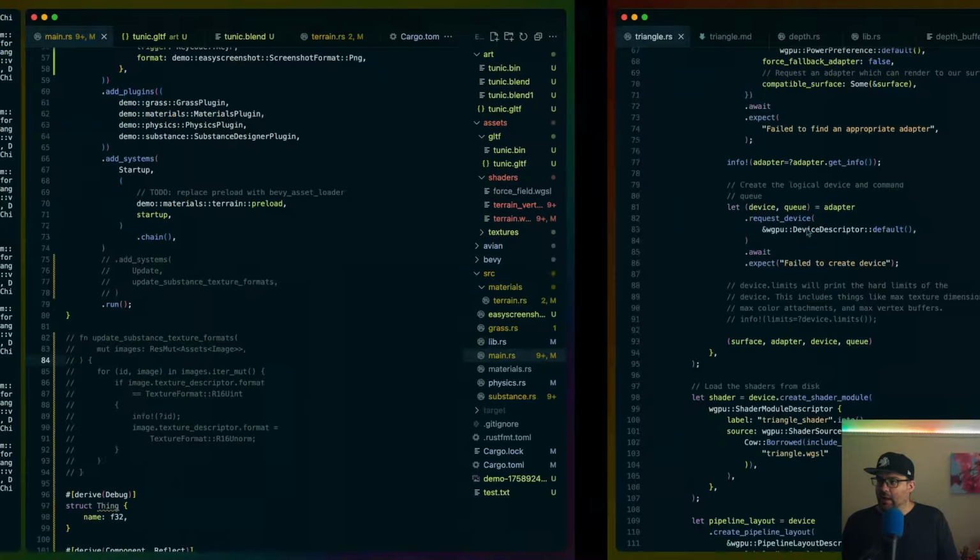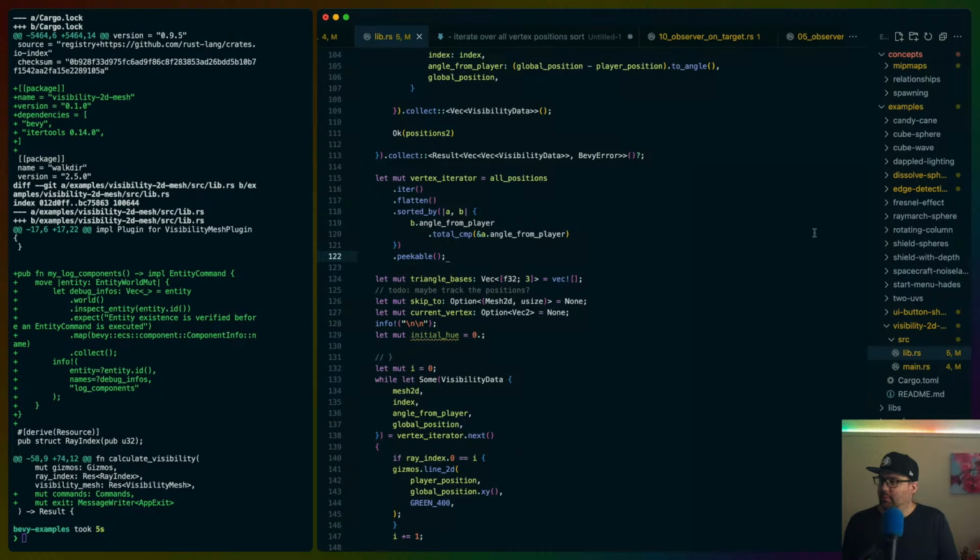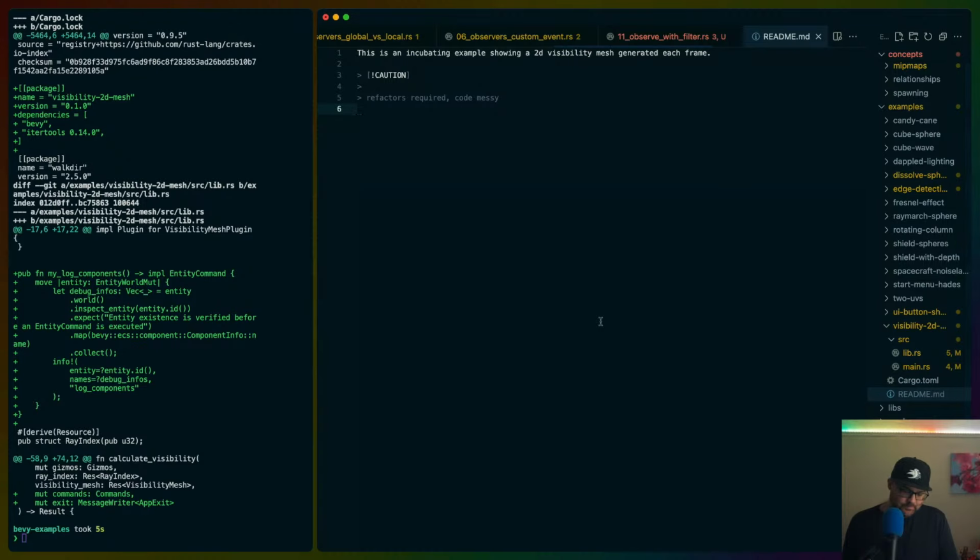The thing I'm coming to is there are multiple implementations that can go down here. So we have a Mesh 2D implementation with manual naive raycasting.